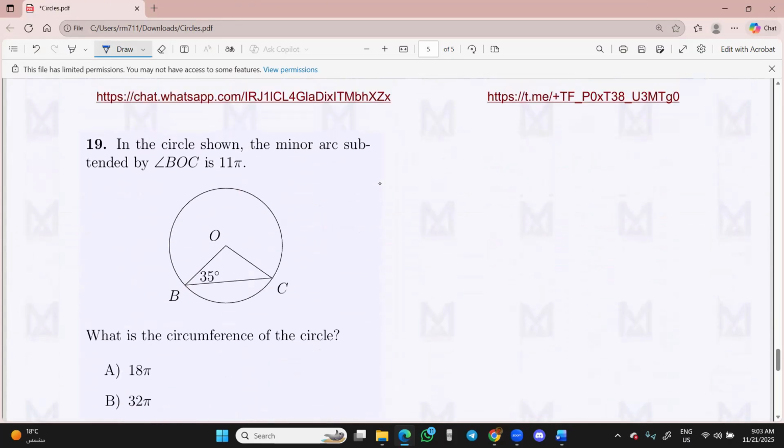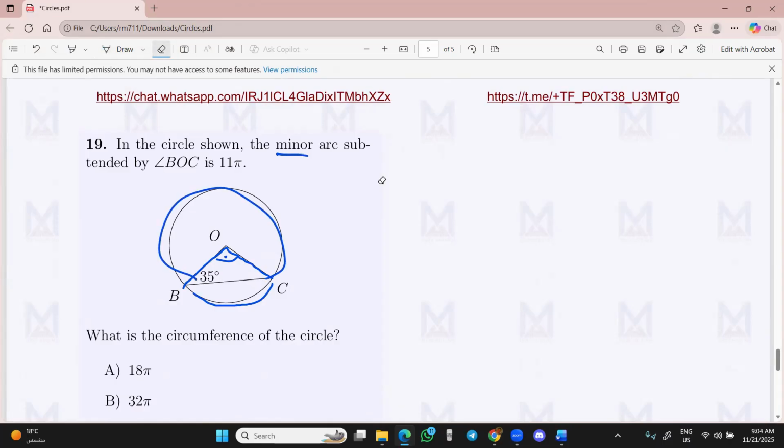Then comes question number 19. In the circle shown, the minor arc subtended by angle BOC is equal to 11 pi. The minor arc of this angle BOC, I mean this angle, subtended by an arc, this arc here, minor arc, because this is called the major arc.